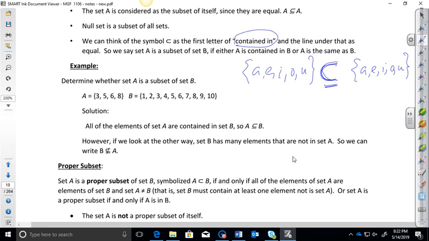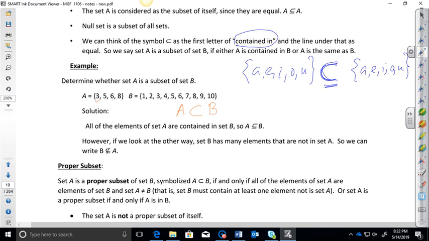Determine whether set A is a subset of set B. Is it? 3 is in here. Yes. 5. Yes. 6. Yes. 8. Yes. So it is a subset. And it's also a proper subset because it's not the set itself.